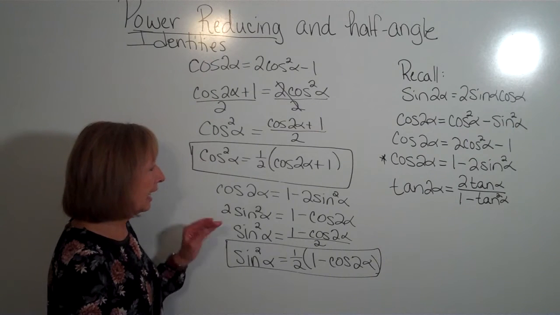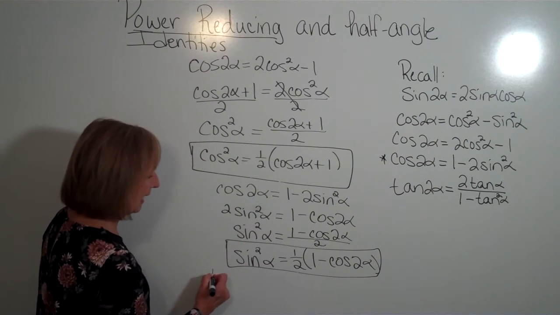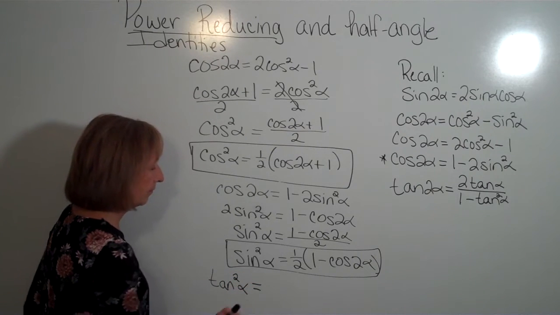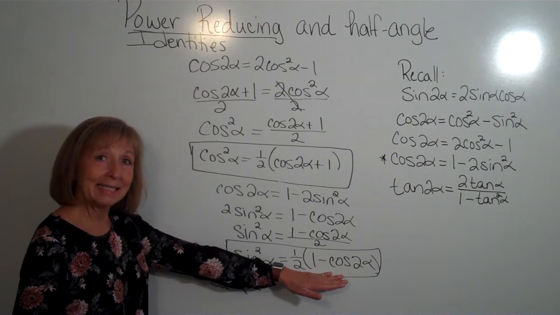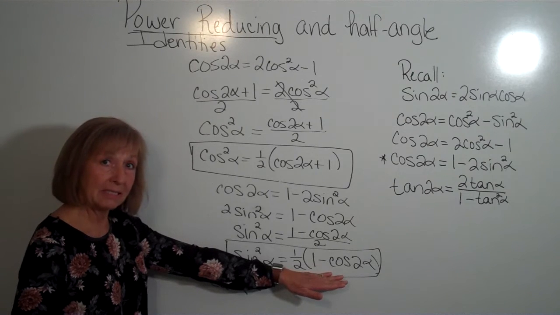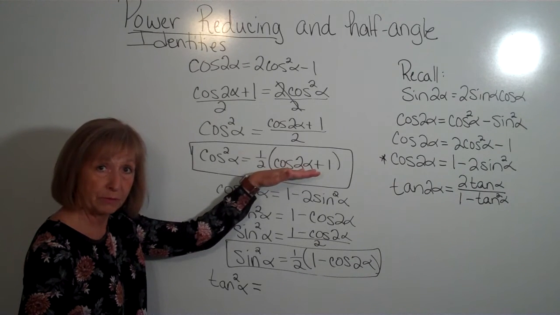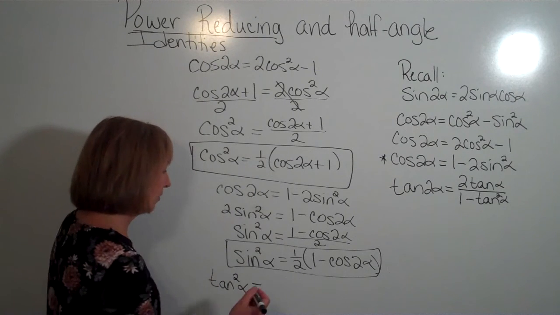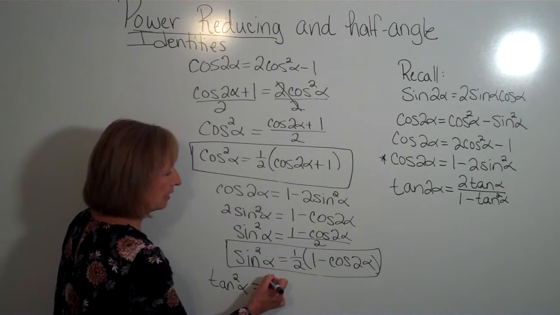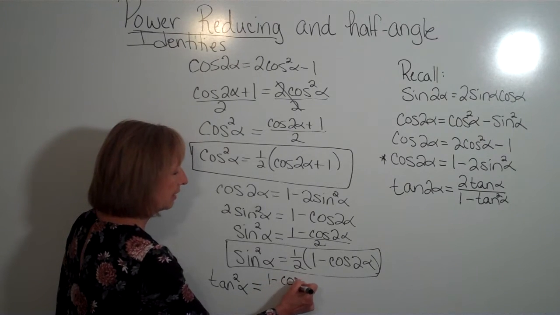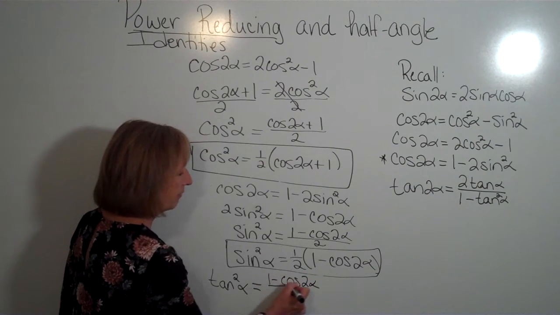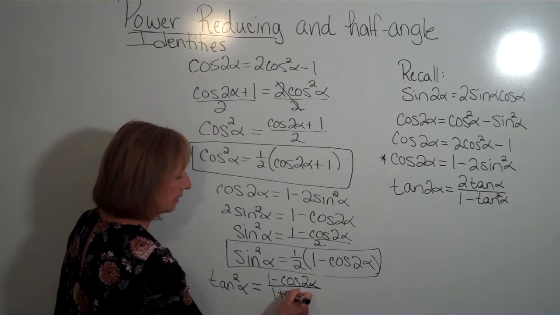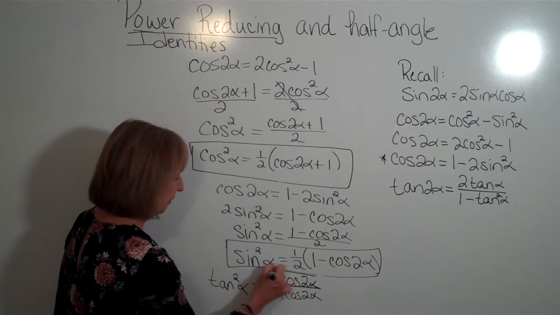So when I'm looking at making a replacement for tangent squared alpha, I can think of it as sine squared alpha's replacement divided by cosine squared alpha's replacement, and they have a common factor of 1/2 that'll cancel, and so this is just going to be replaced by 1 minus cosine of 2 alpha divided by, and I'll rewrite this the other way, 1 plus cosine of 2 alpha.